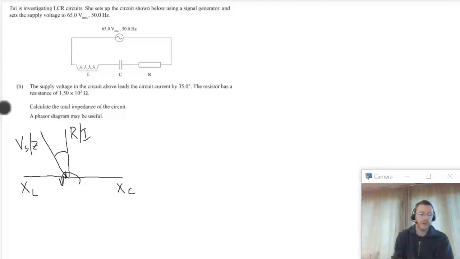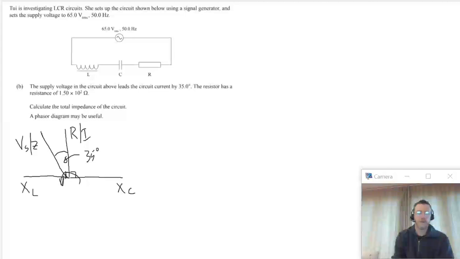These, of course, are 90-degree angles, but the key thing here is that the impedance leads the current, which is the same as the resistance, by 35 degrees. The supply voltage leads the current by 35 degrees, so the impedance leads the resistance by 35 degrees.